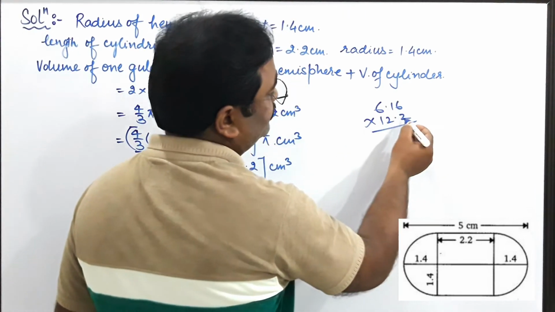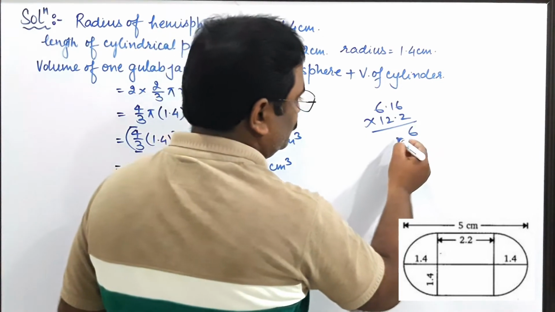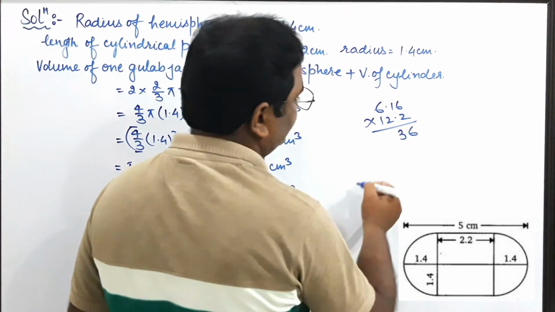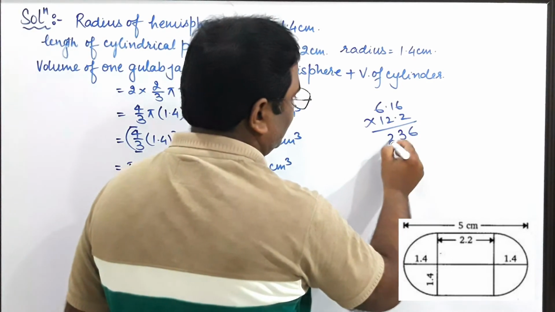6 2s are 12, 2 1s are 2 plus 1 is 3, 6 2s are 12.